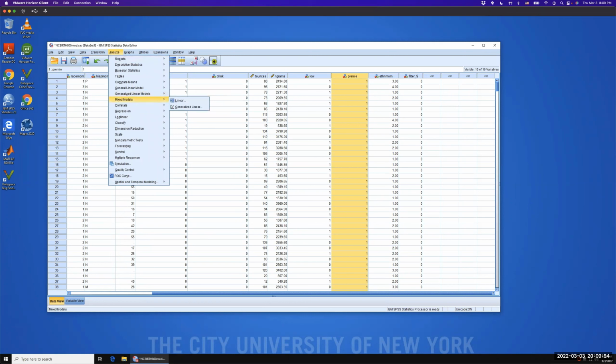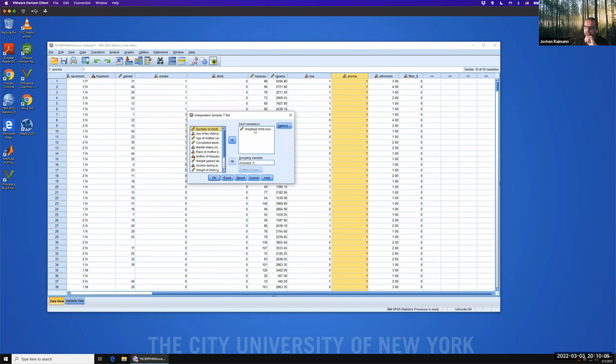When I was doing everything, I went to analyze, compare means, independent t-test. What do you mean to compare? For the test variable, I put age of mother. For the grouping variable, I put smoking, and clicked on define groups.